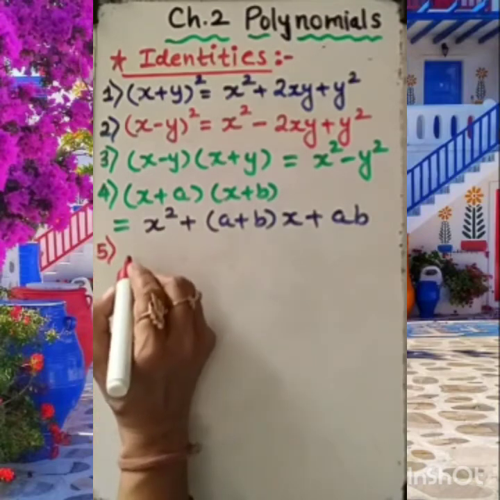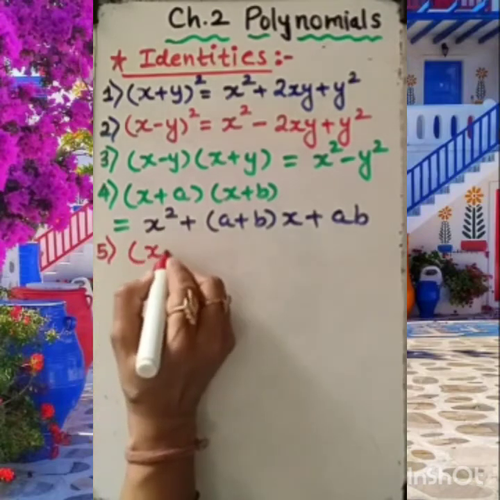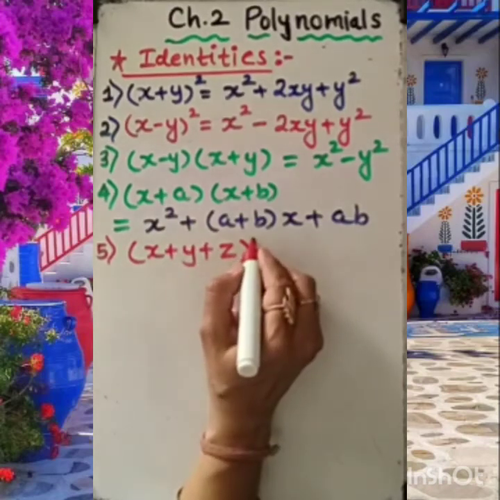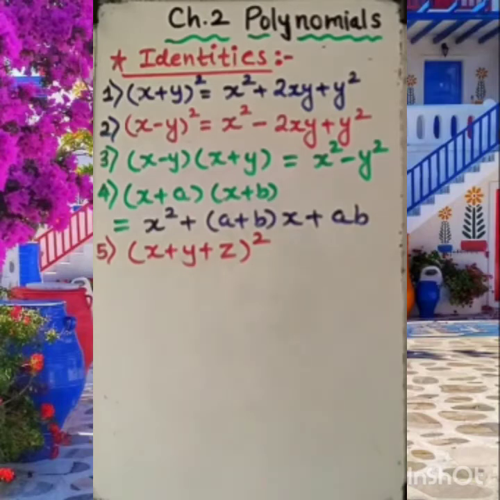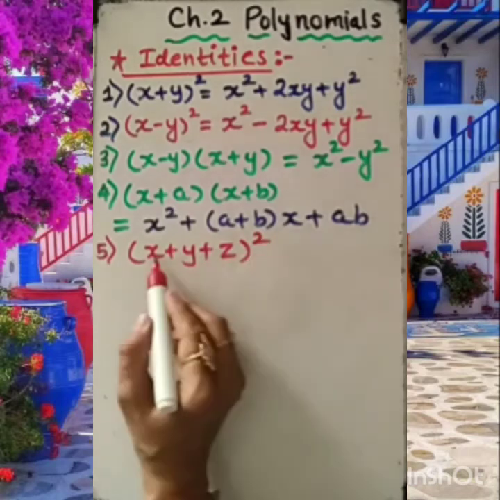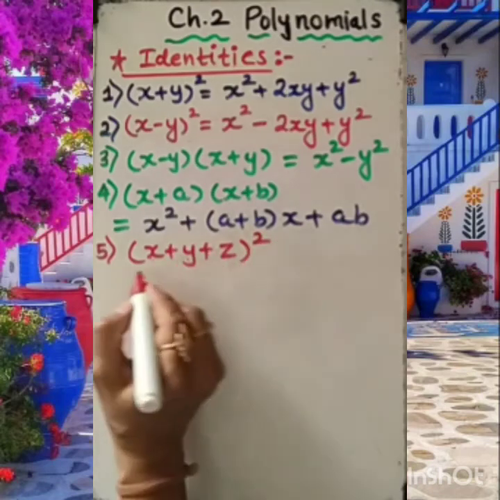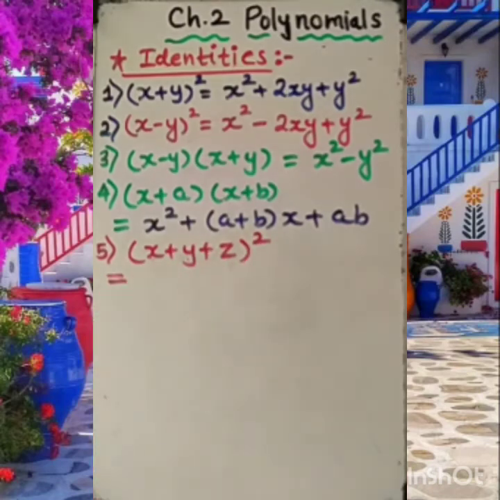Now in this class, in the polynomial chapter, we are going to study the identity of squaring of the trinomial. Three terms are there, the square of the trinomial. What is that? It's very simple and very easy.